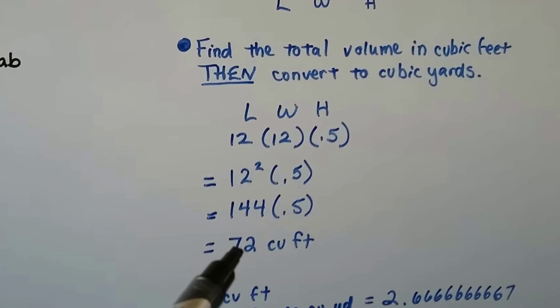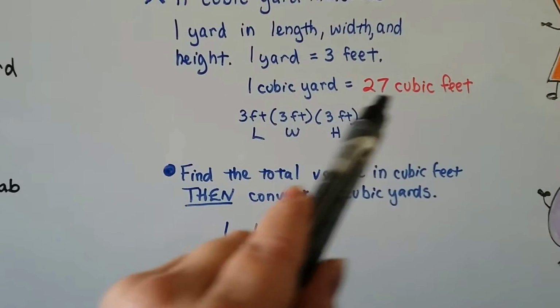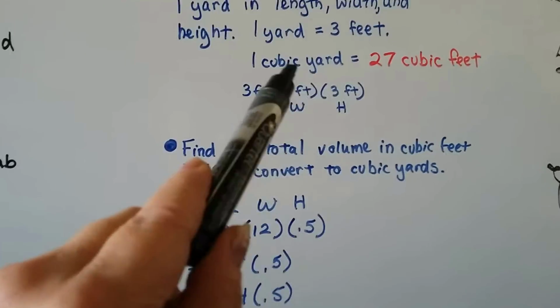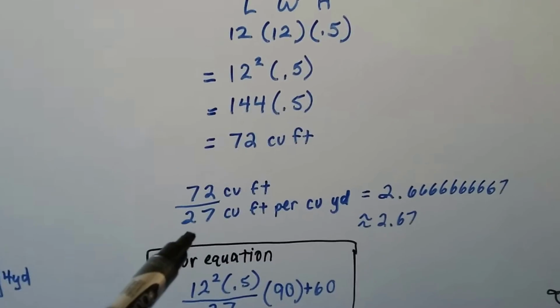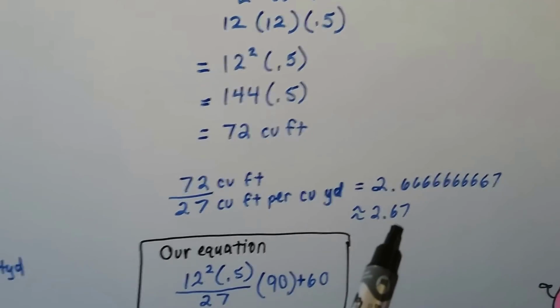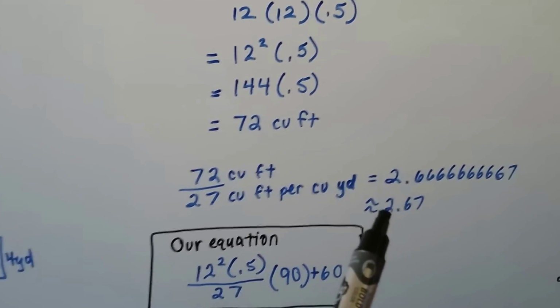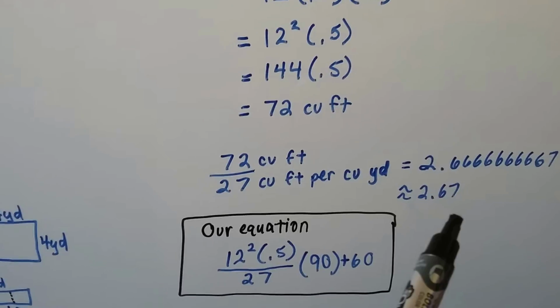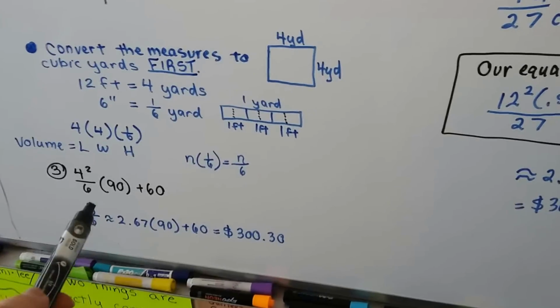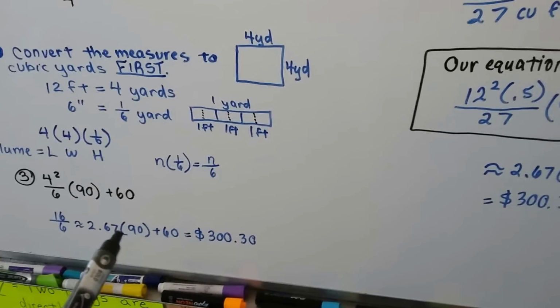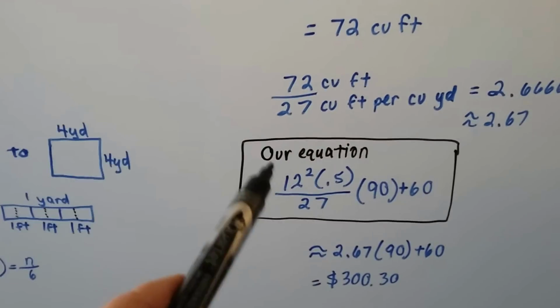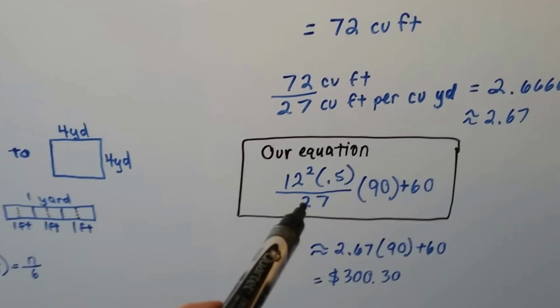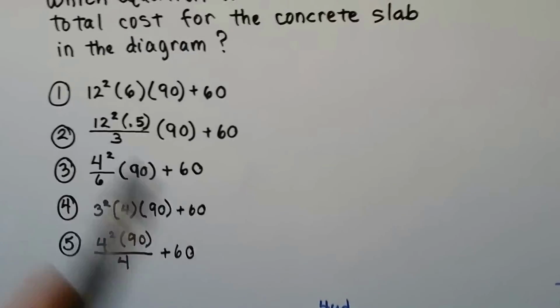Now, if we've got 72 cubic feet and there's 27 cubic feet per cubic yard, we need to divide that by 27. And we get this nice long decimal that rounds to approximately 2.67, which is what happened down here. 16 divided by 6 is 2.67 approximately. So if the equation was divided by 27, then it would have been right, but it's not. It's divided by 3, so it's wrong.